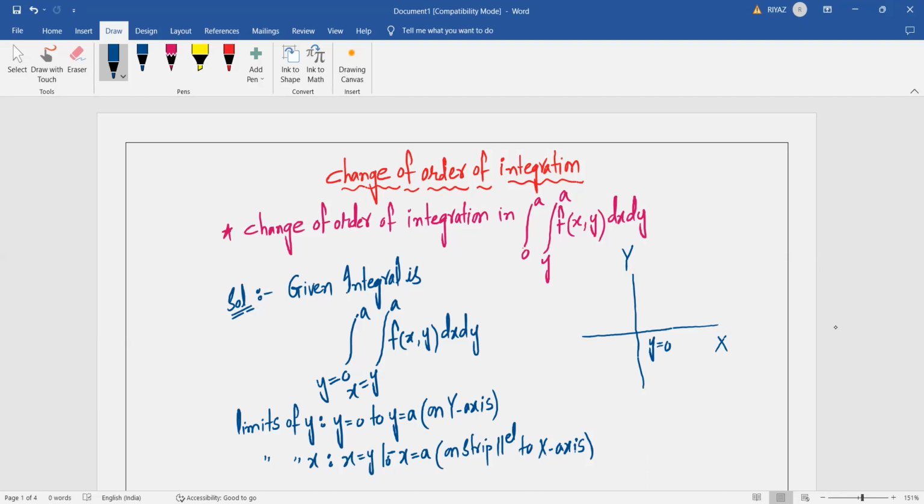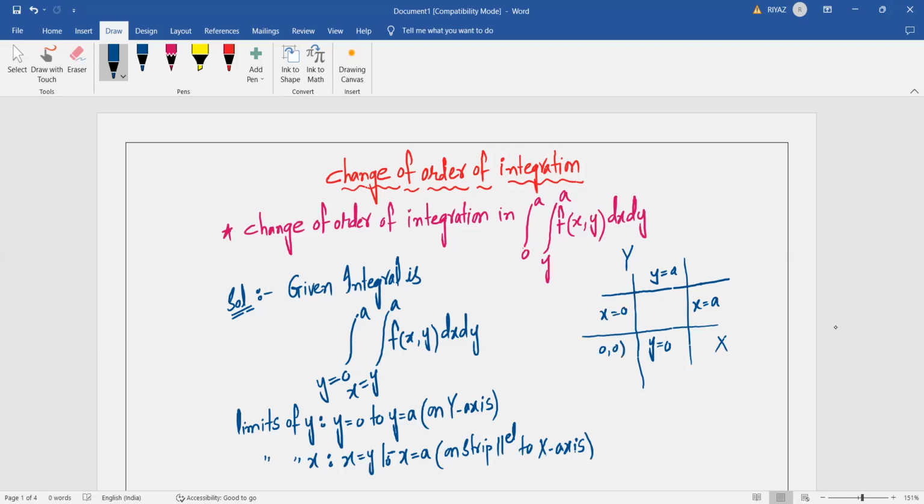Y is equal to a means any line parallel to the x-axis. Now x is equal to a is this line, and x is equal to 0 is this line. And you know that this is 0 comma 0.